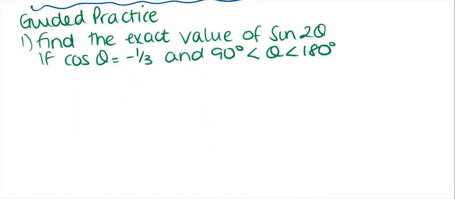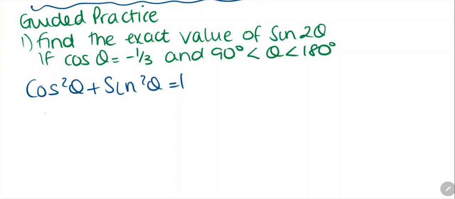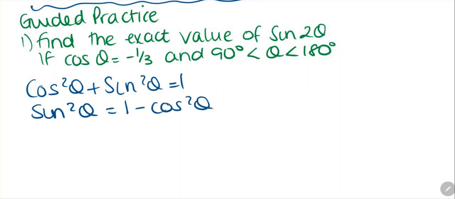So guided practice: find the exact value of sine 2 theta if cosine of theta is minus 1/3 and theta is between 90 and 180. So we can use cosine squared theta plus sine squared theta is equal to 1. If we rearrange, sine squared theta is 1 minus cosine squared theta, and we need to find sine.